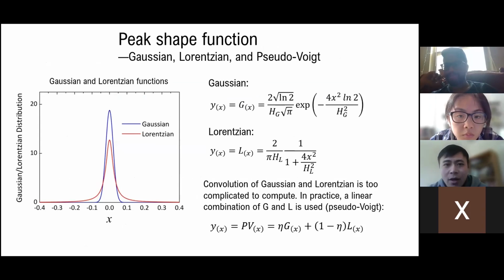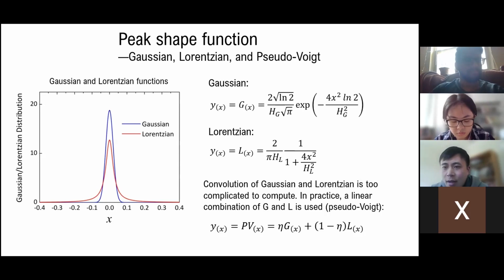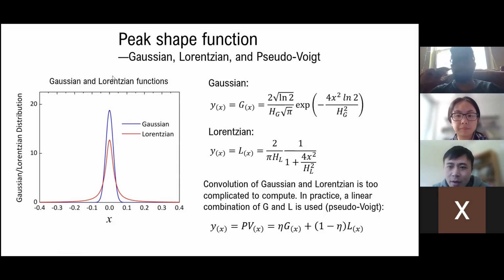We have been talking about Gaussian and Lorentzian all the time, so I think they deserve a little bit of explanation. You may already be very familiar, but in case you're not, Gaussian is commonly used in statistics as a distribution, and is characterized by an exponential term, right?